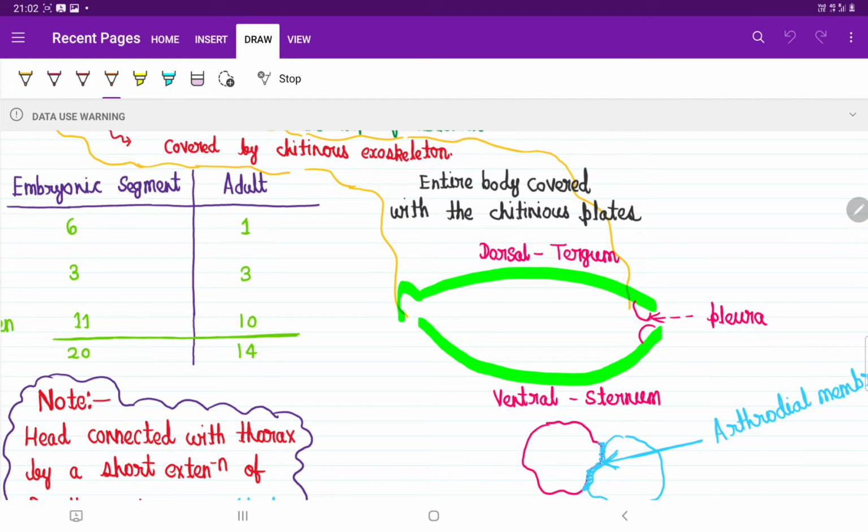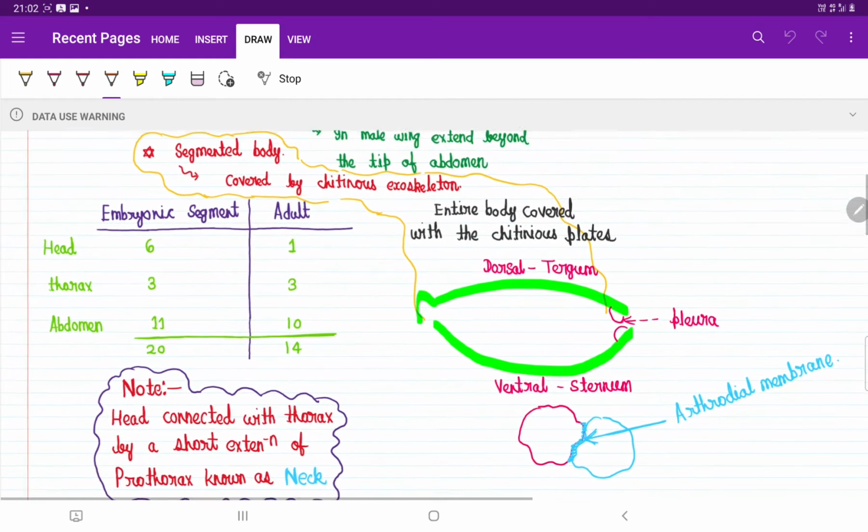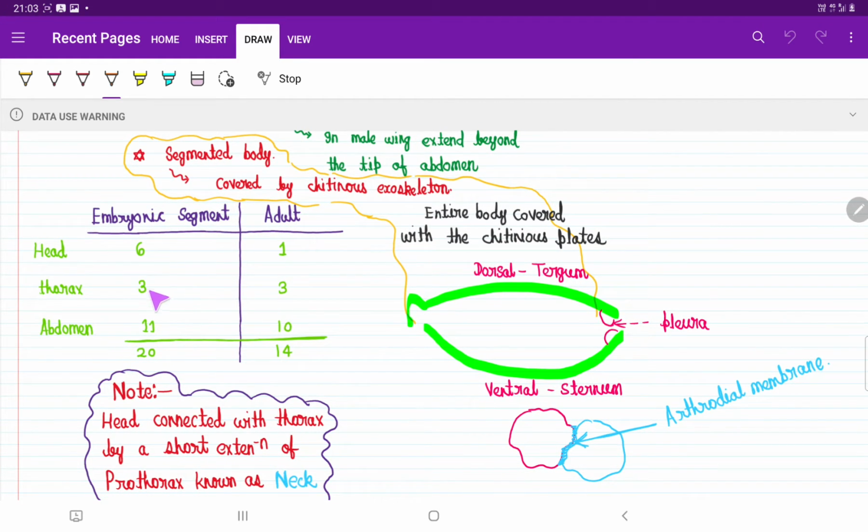Like you see, the head of the adult is formed by fusion of segments. The thorax has 3 segments in the adult also, and in the embryo it was also 3 segments only. And in the abdomen, 11 segments of the embryo fuse and form 10 segments, right? So in the adult a total of 14 segments are present, and in the embryo a total of 20 segments are present, right?